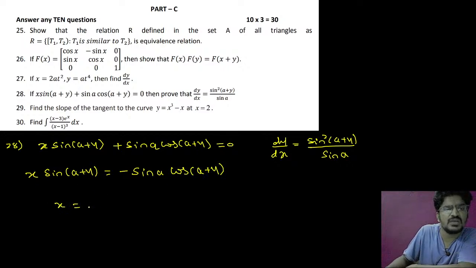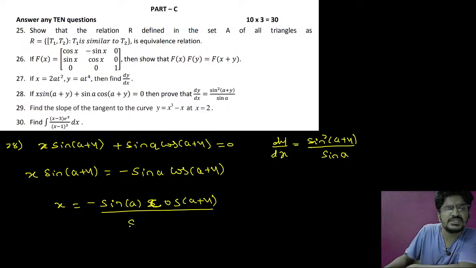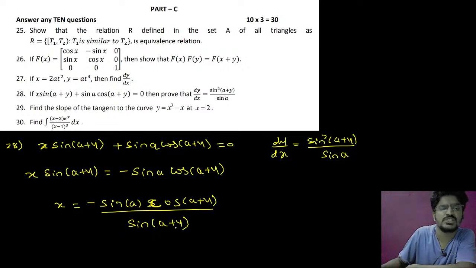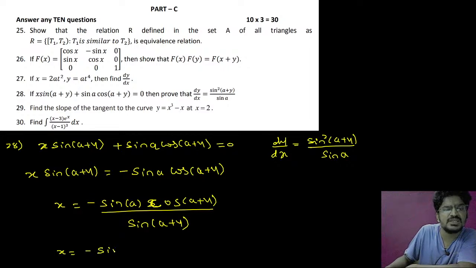That will be x equal to minus sine of a into cos of a plus y divided by sine of a plus y. Now you just see here, cos of a plus y divided by sine of a plus y is cot of a plus y. That means x will be equal to minus sine a into cot of a plus y.